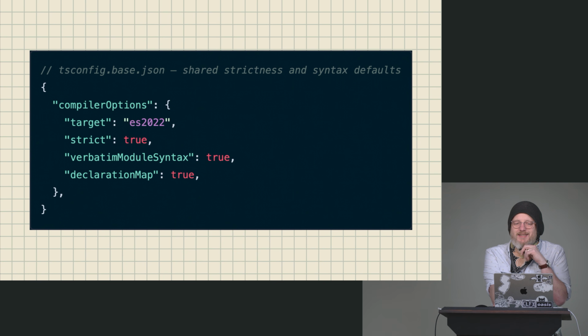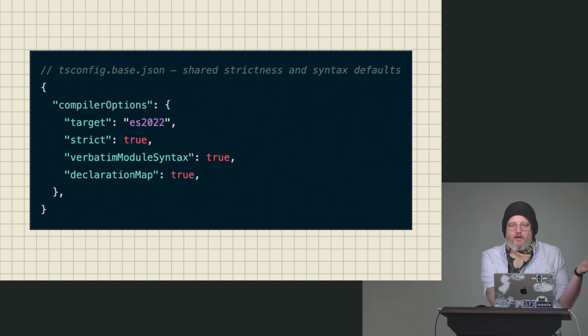A pattern you'll see a lot is, maybe at the root of the directory, you might see a tsconfig.base.json, right? This is very similar to when we saw the catalogs with pnpm workspaces, where here's the shared configuration.